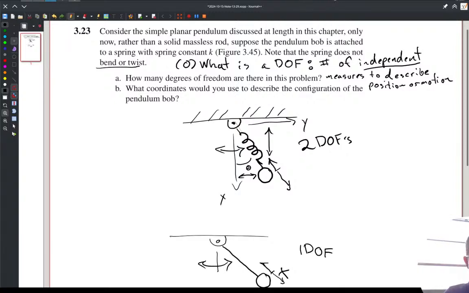So one way I could say it is, hey, there's an x and a y, and those are my 2 degrees of freedom. Another thing I could say is that there's a theta and a radius, that it can bounce up and down and it can move left and right. And this is really important because the number of degrees of freedom equals the number of equations of motion.